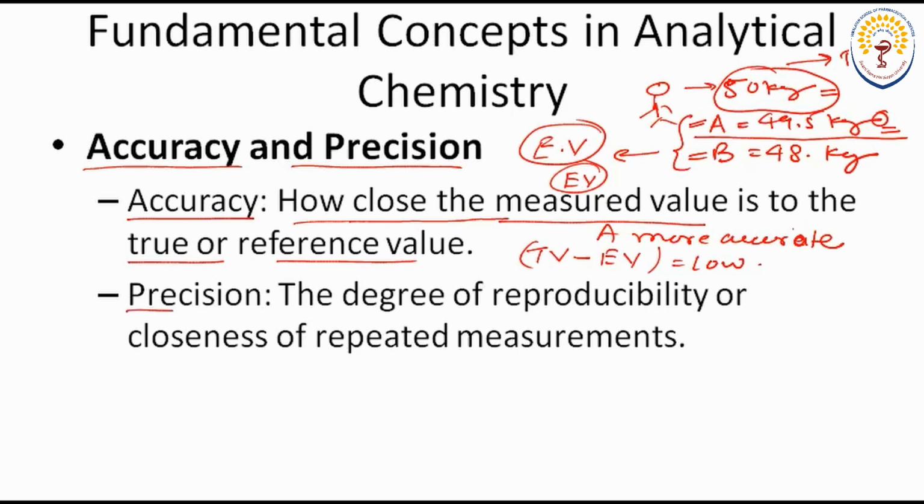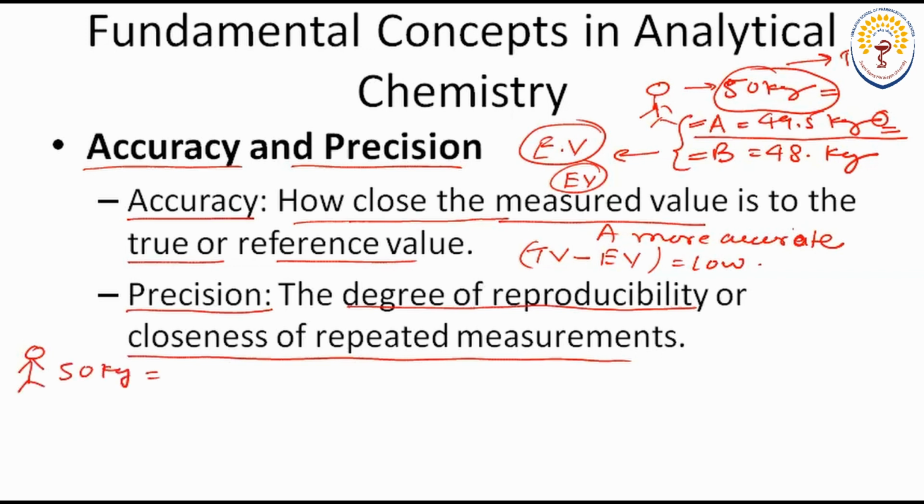Now coming to precision, what does precision mean? Precision is the degree of reproducibility, or degree of closeness of repeated measurements. So let us take the above example. The weight of this person was 50 kg. Obviously this was our true value, and there were three persons A, B and C. A calculated the weight as 49.5 kg, B calculated 48 kg, and C calculated 45 kg.